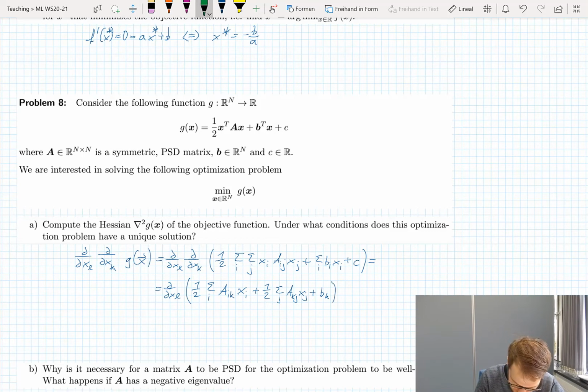Now what we can do is say, hey, a is symmetric, so we can just write a i k as a k i. And then we see, hey, these two sums are the same, so we don't need to write it down twice. Okay, so we can write down d by dx l of the sum over i a k i x i plus b k.